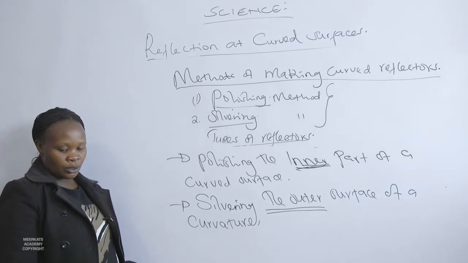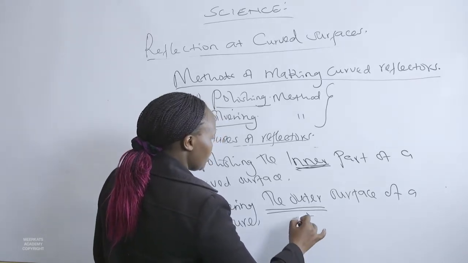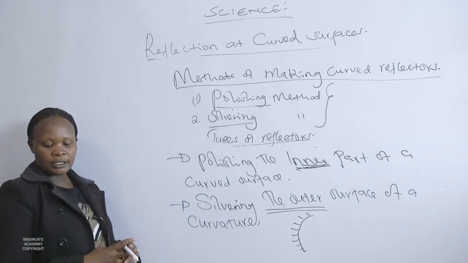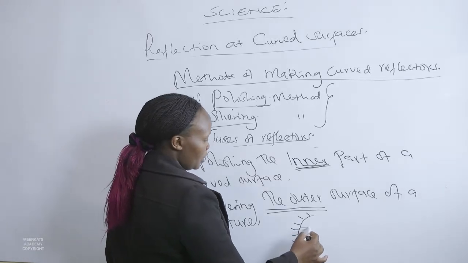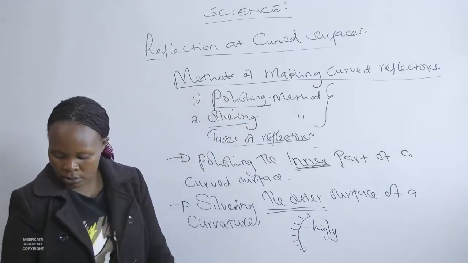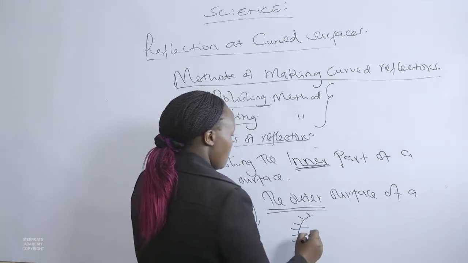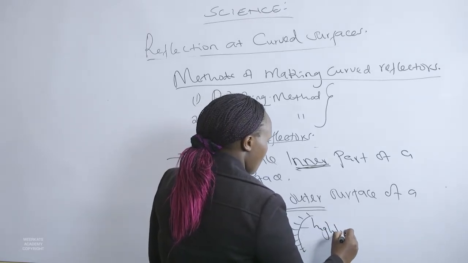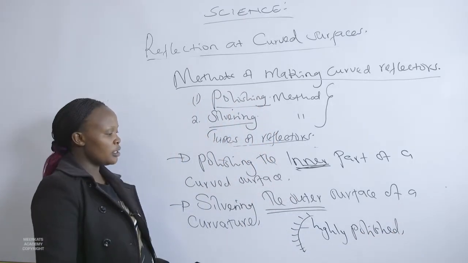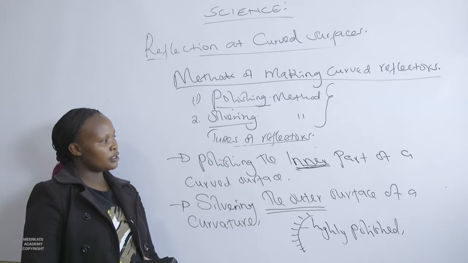Now both will give you a reflecting surface like that, and this is the highly polished surface, leaving the outer as our concave reflector.